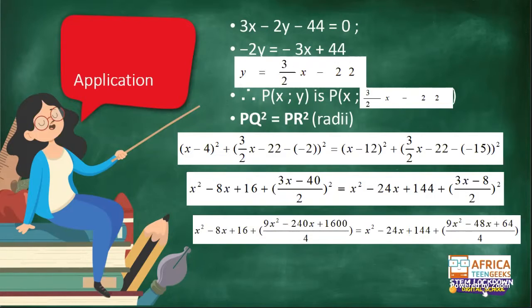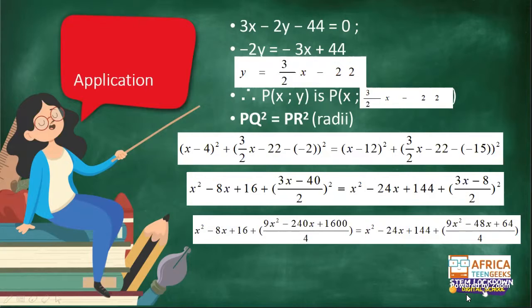So you're going to get in the next step x squared minus 8x plus 16 plus into bracket 3x minus 40 divided by 2 all squared, which is equal to x squared minus 24x plus 144 plus into bracket 3x minus 8/2 all squared.